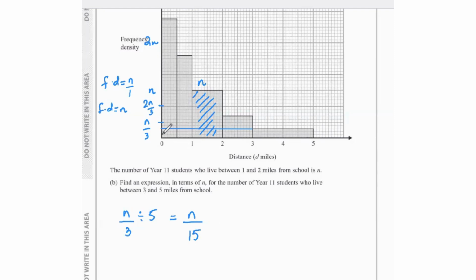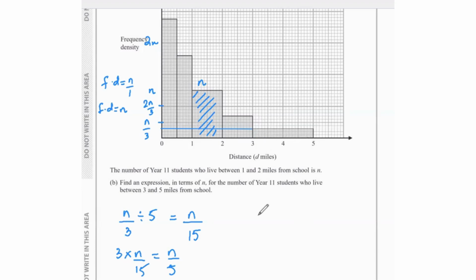So each small box has the height of n over 15. So for 3 boxes, 3 times n over 15, which is going to be n over 5. That is the frequency density for the values between 3 to 5.